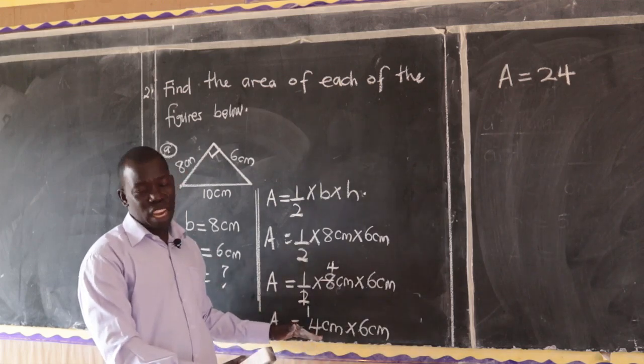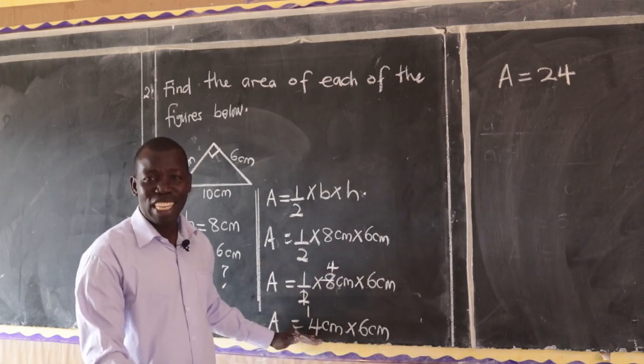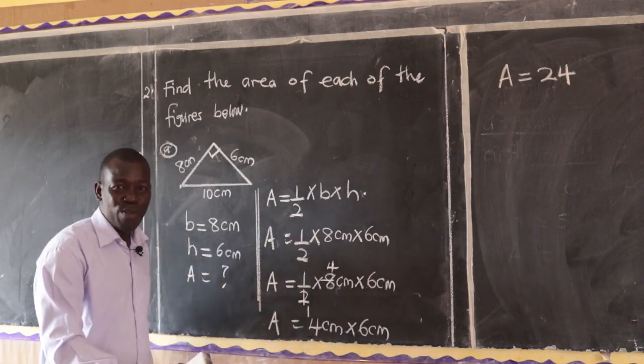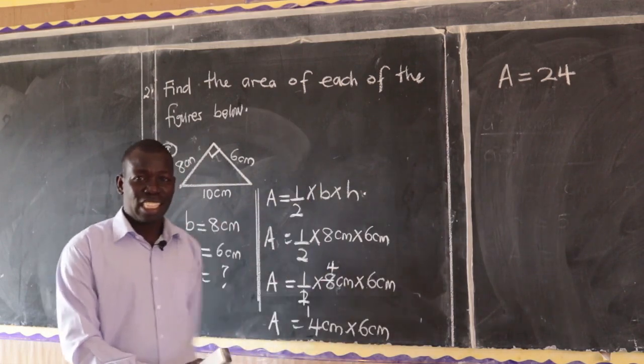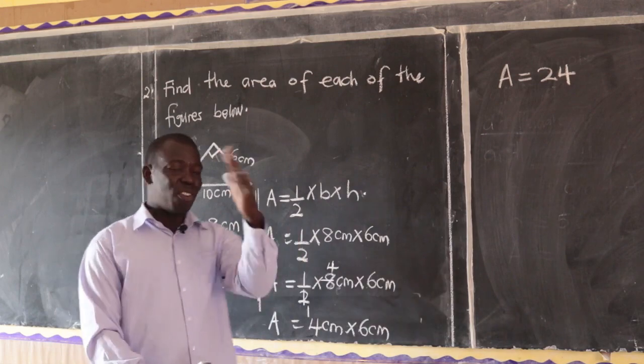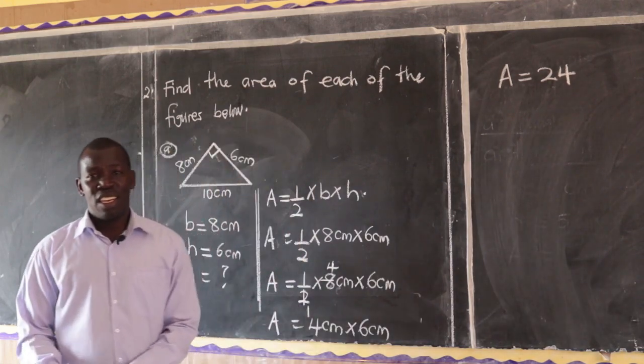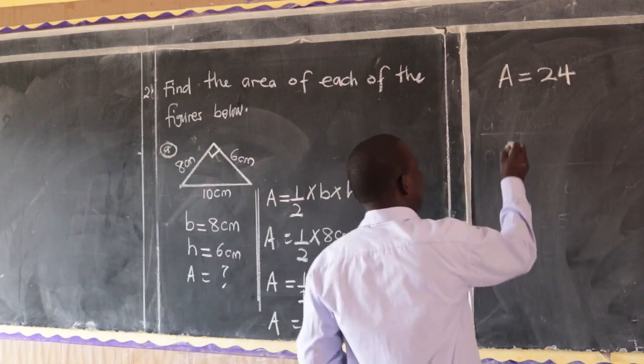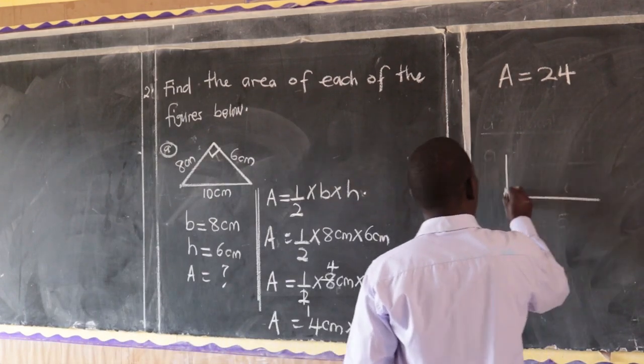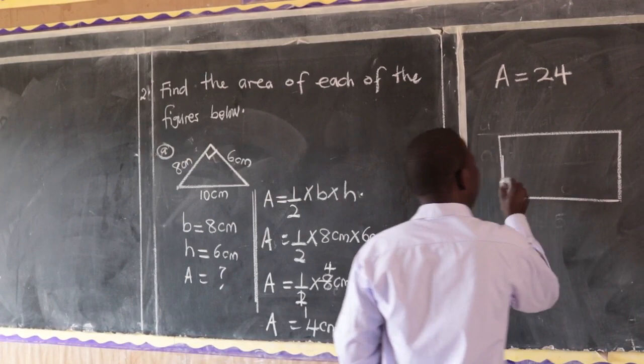Look at this, like I had my rectangle at first. Along the length, I had 4 squares. Then along the width, we can have 6 squares. Like this, if I am to illustrate it very fast, can have something like this.